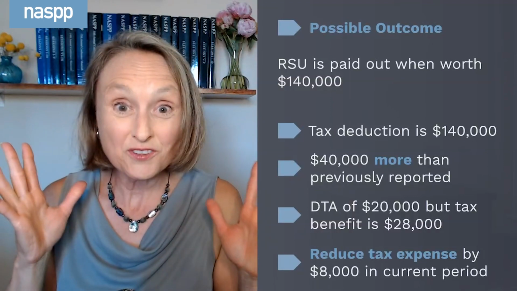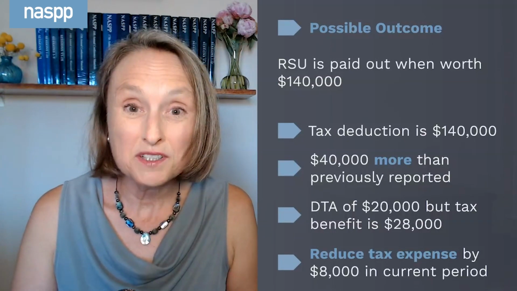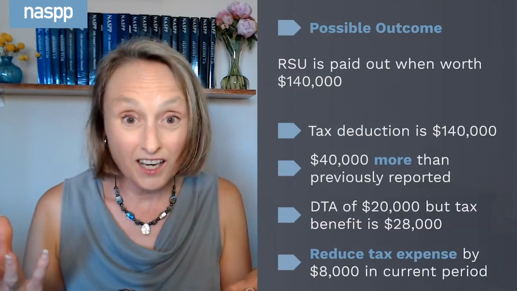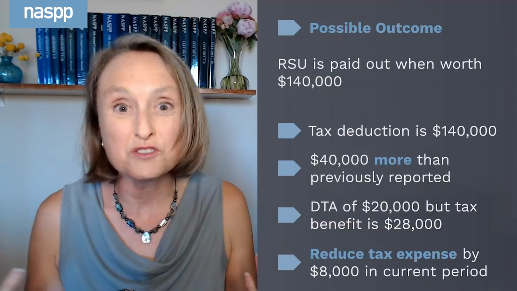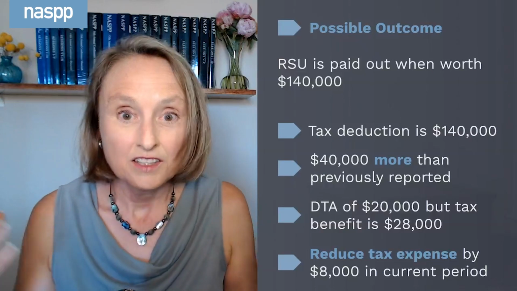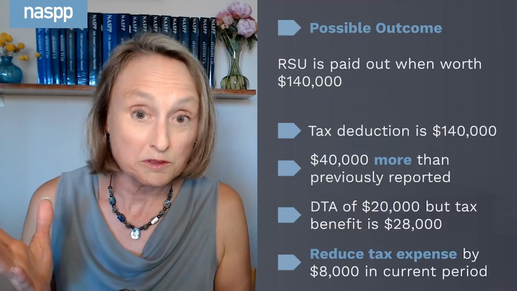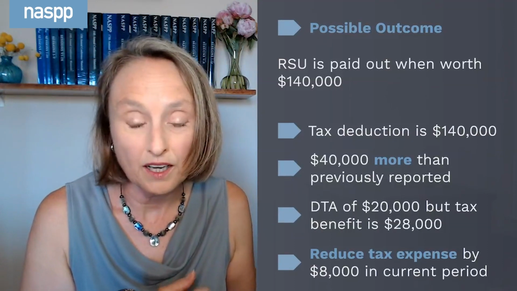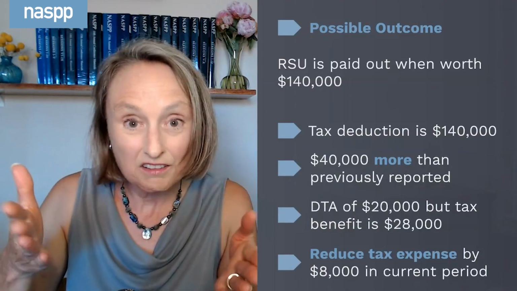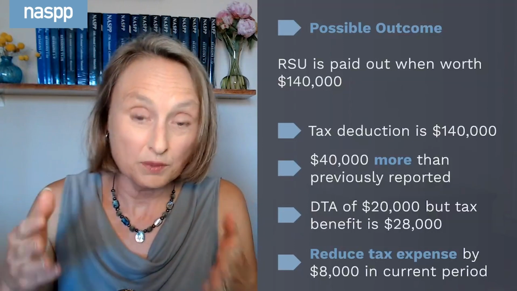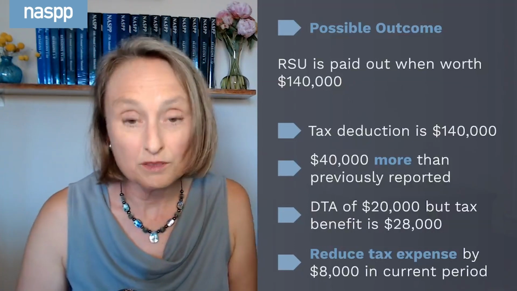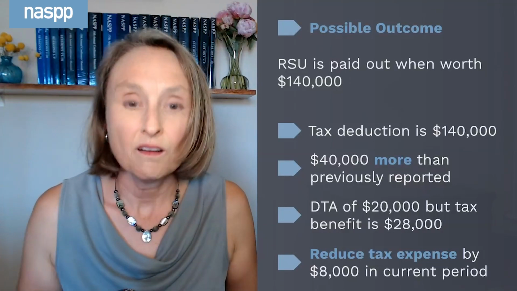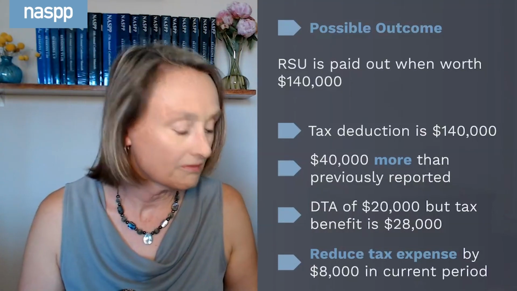So yay for us! We recorded a deferred tax asset of $20,000, but our tax benefit actually turned out to be $28,000. So the deferred tax asset that we recorded, that's already reduced the tax expense that we reported in our P&L. But that extra $8,000, we're going to record that in the period that the RSU is paid out. So in this period, we're going to show an additional reduction to tax expense of $8,000.